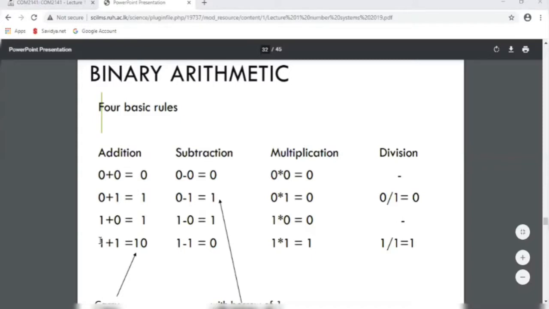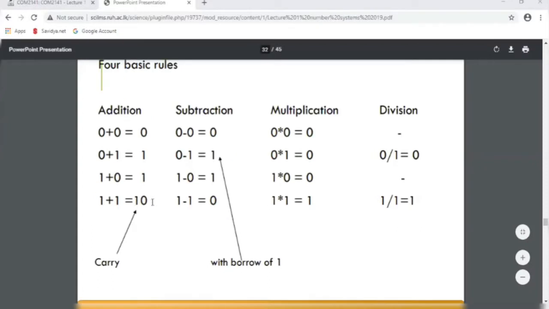However, when you add 1 with 1, it becomes number 2 in decimal. However, when represented in the binary number system, that is 10. So you have to keep 0 in the corresponding position and take 1 into the carry.